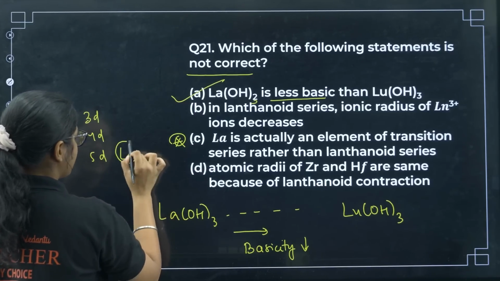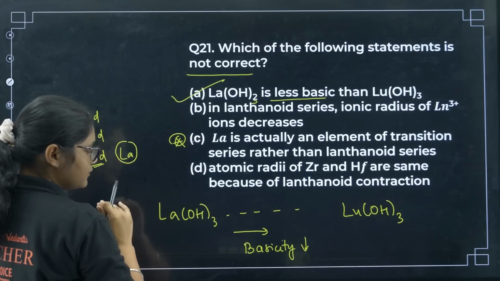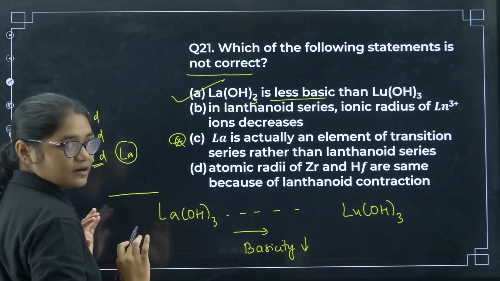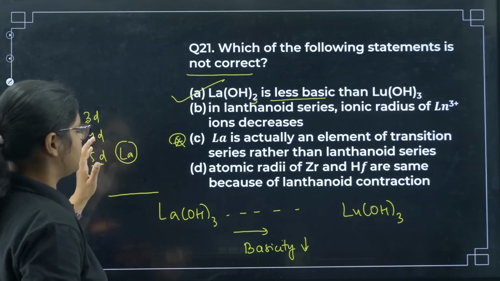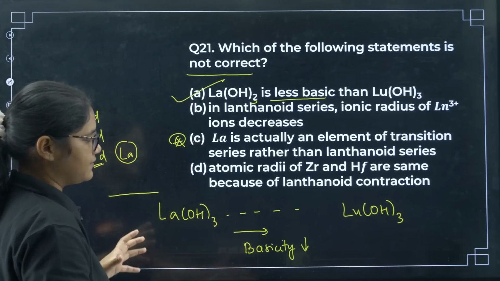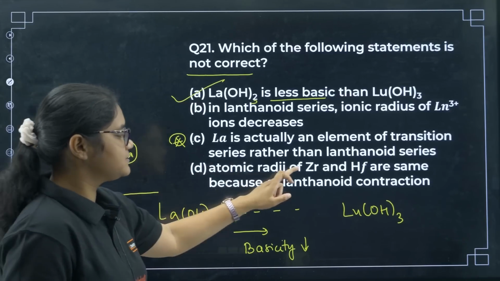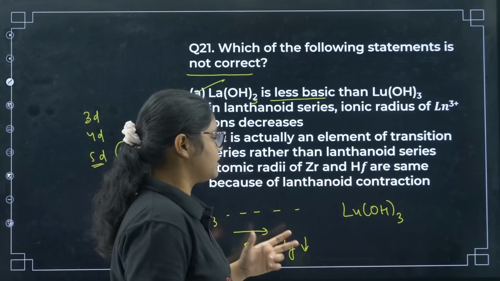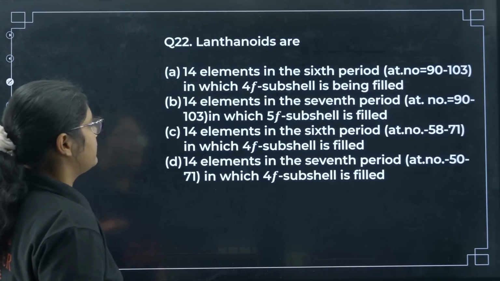Lanthanum is the first element of 5d series. Okay, from the next element the lanthanoid series starts. So it is actually a transition element, but since the following elements are named after lanthanum, the name is given as lanthanoid, but it is actually a part of 5d series. Okay, atomic radius of zirconium and hafnium are the same because of lanthanide contraction. Yes, this is also a consequence of lanthanide contraction.